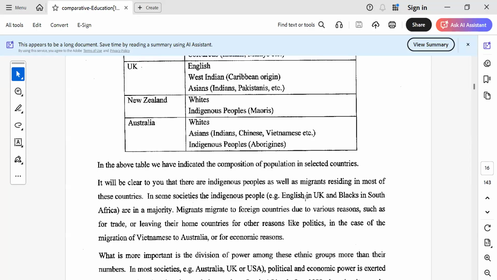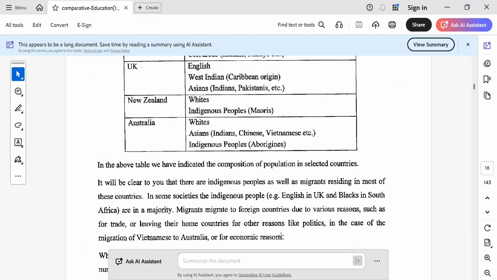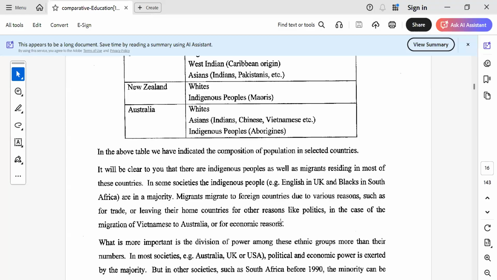So in the above table, we have indicated the composition of population in selected countries. It will be clear to you that there are indigenous people as well as migrants residing in most of these countries. You'd remember we learned about language issues. Even in that chapter, we learned about what languages are used, how many indigenous people are living and how many languages they are using.